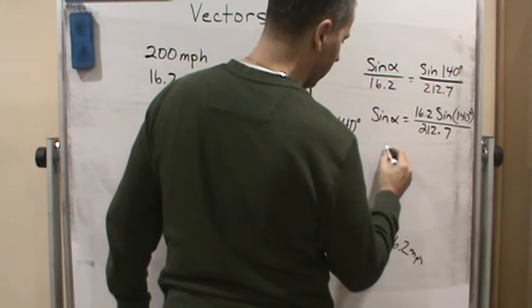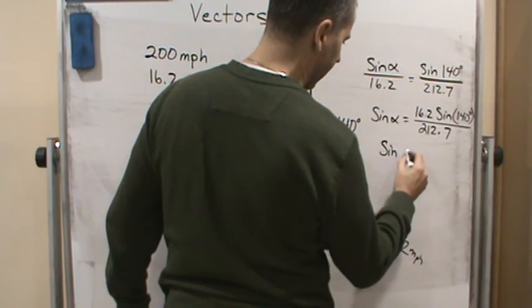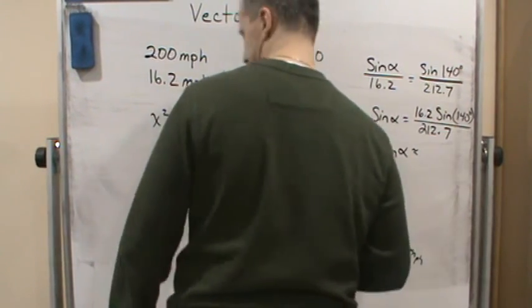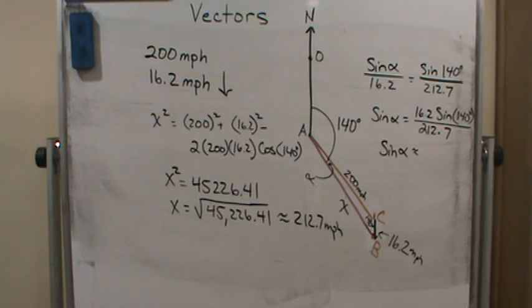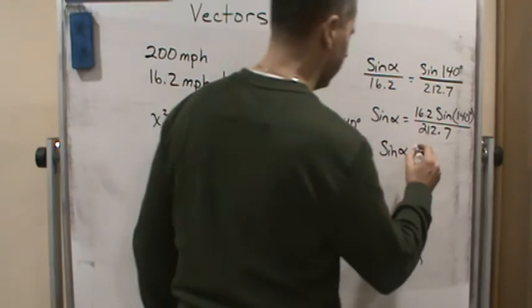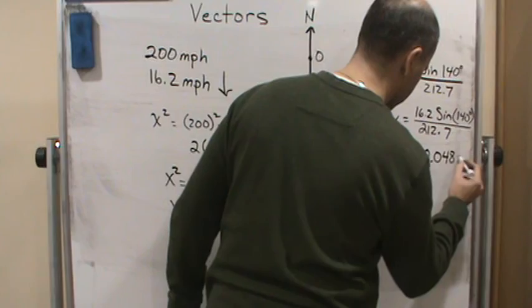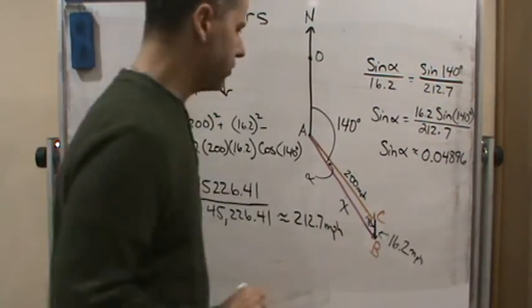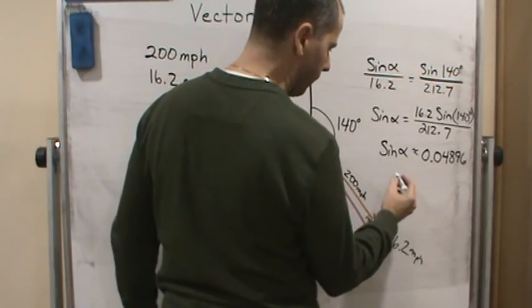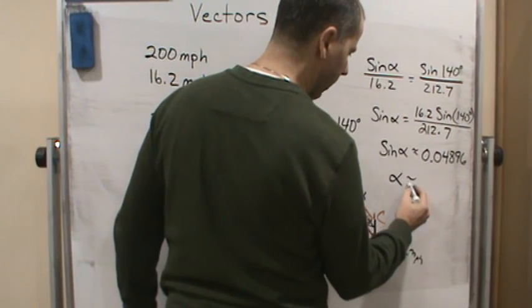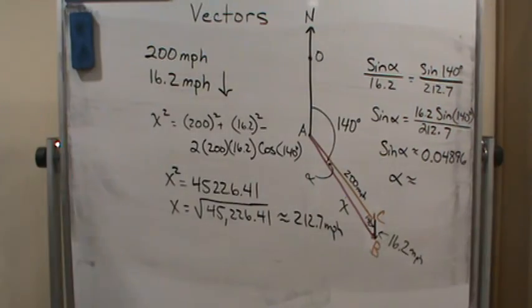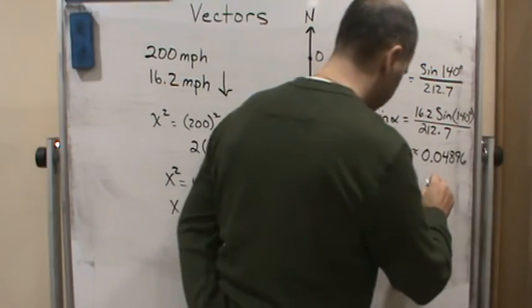So sine alpha is approximately equal to, put that in your calculator, 0.04896. And of course if we take the inverse sine of both sides, we get alpha is approximately equal to 2.8 degrees.